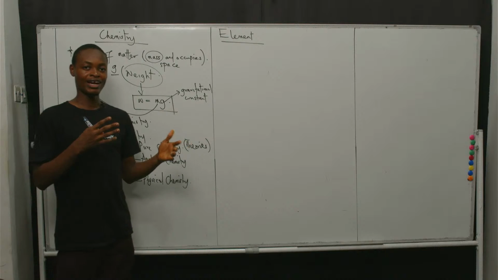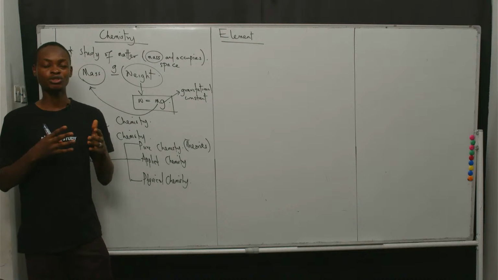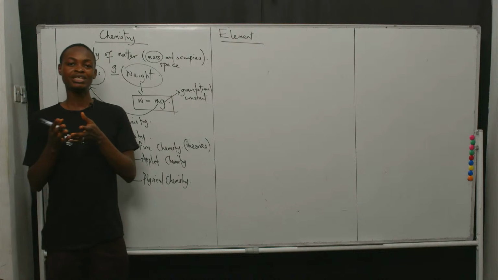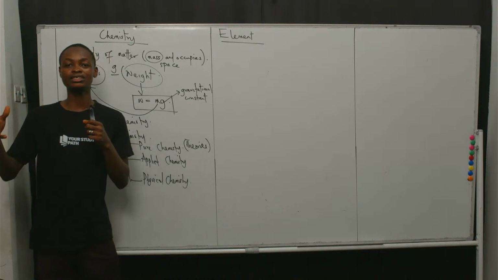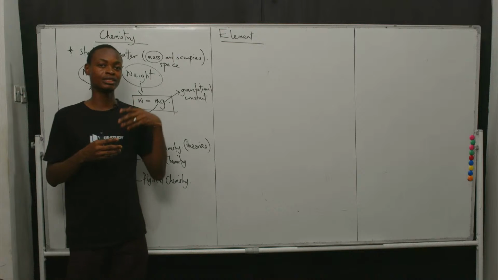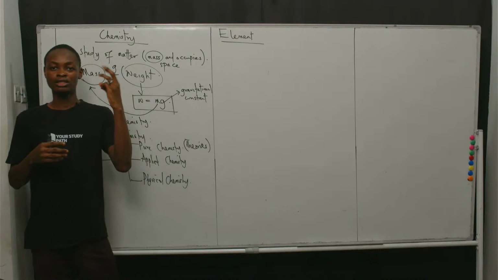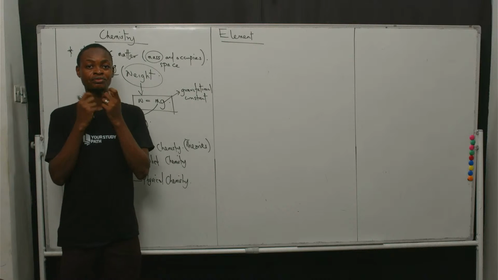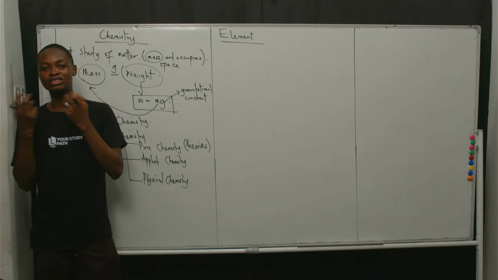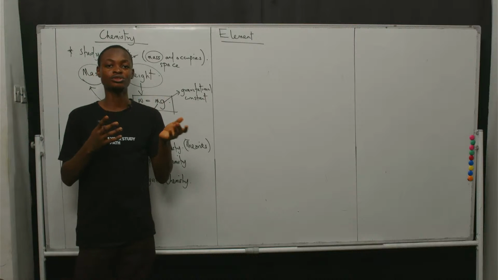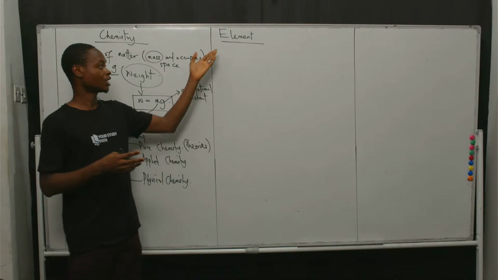Now, when I say labs or in nature, this is because some of these elements are found in nature, meaning that they are already pre-existing and then we discover them. Good examples are the elements oxygen and nitrogen. These are elements that are found in air. And then we discovered that, okay, these are the constituents of air and we could call them oxygen, we could call them nitrogen. And we named them and they became elements.